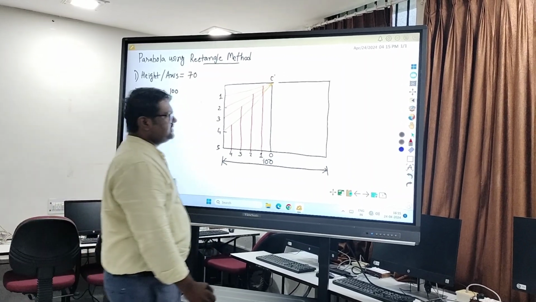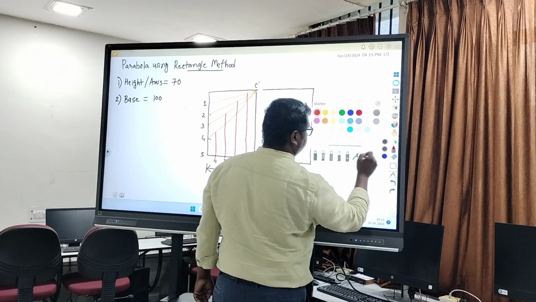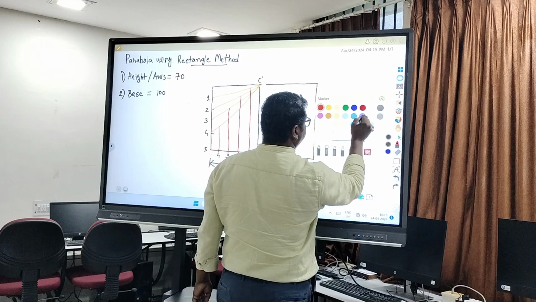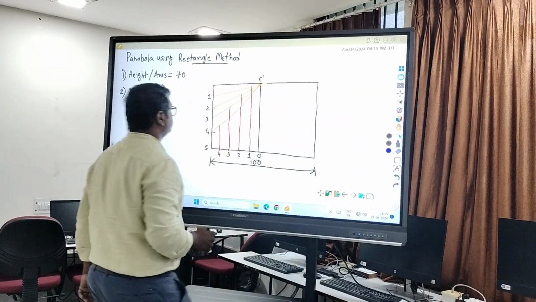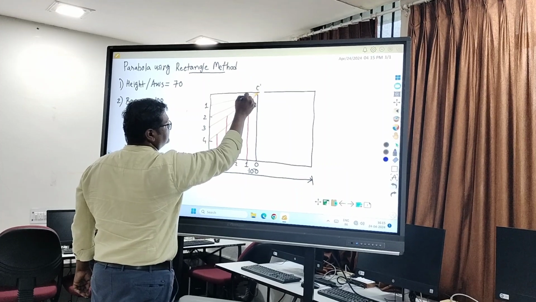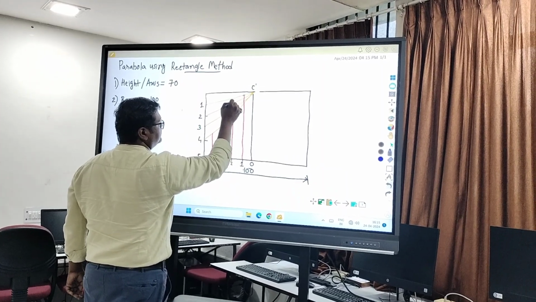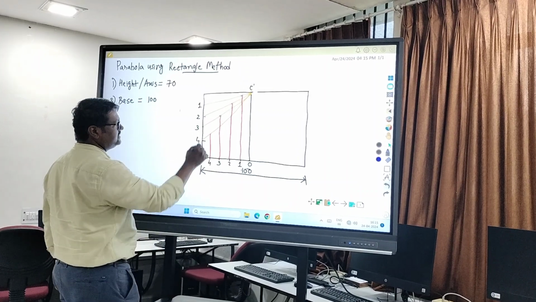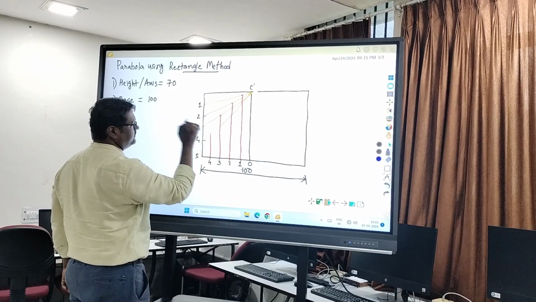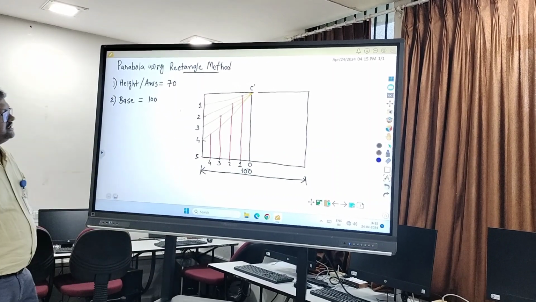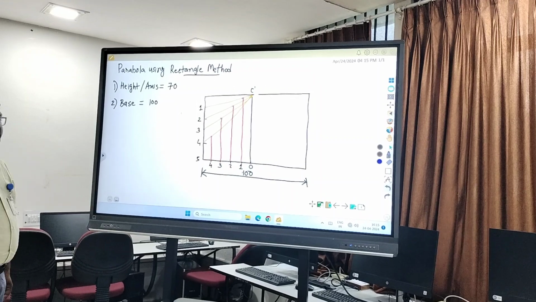Now as you can see, we have identified the intersection points of these lines. So this is point 1, this is point 2, this is point 3, this is point 4, and this is the point which is already on the parabola.